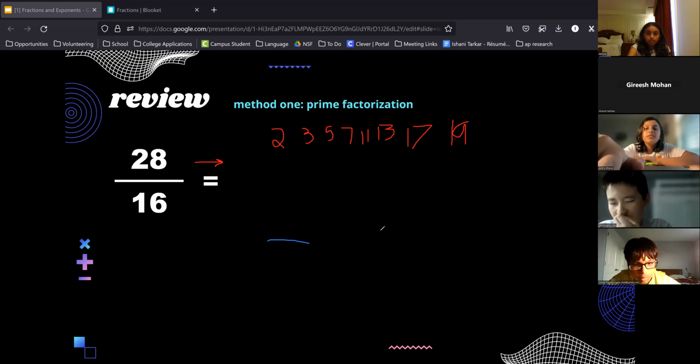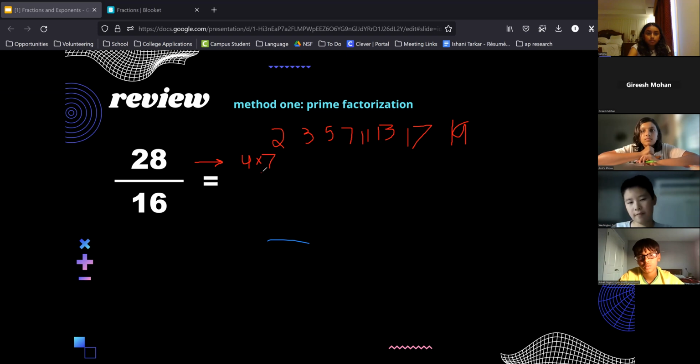Not 4 and 8. Sorry, can you repeat what you said? Okay, I see someone saying 4 and 7. Yes, 4 and 7 are definitely numbers that divide it. However, only one of these is prime, and that is 7.